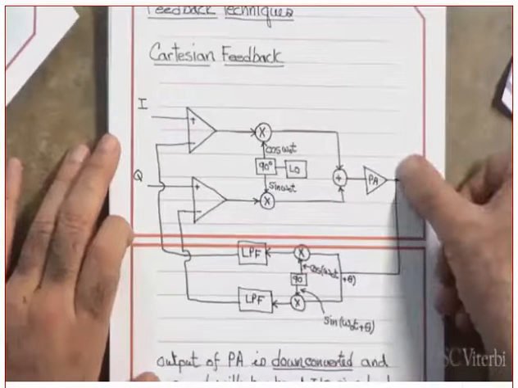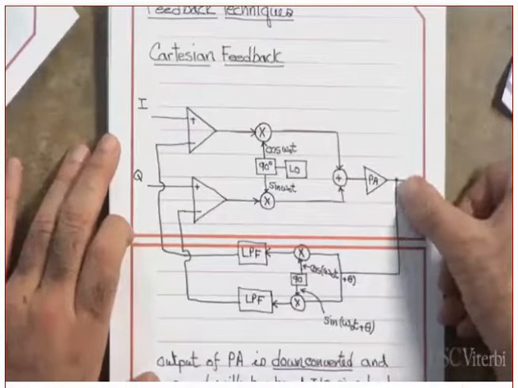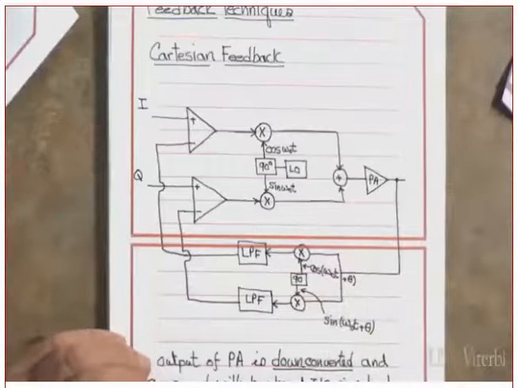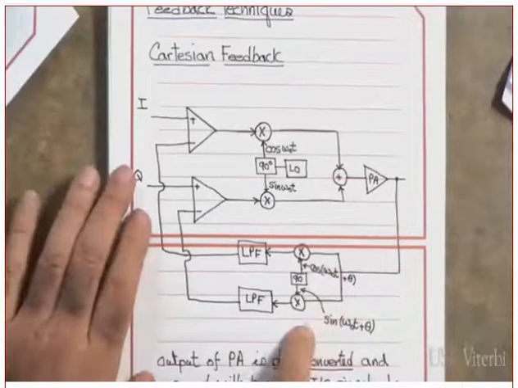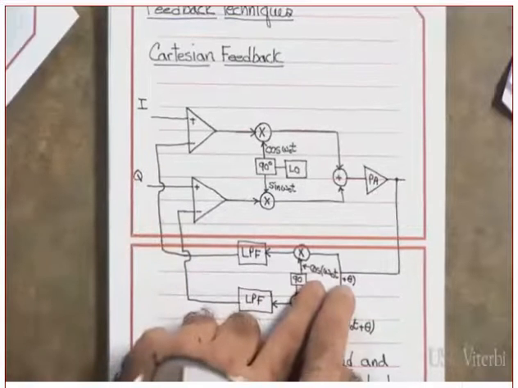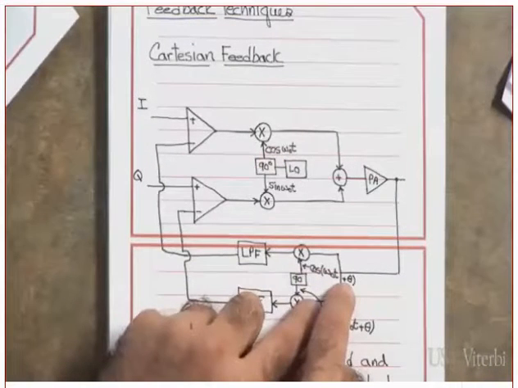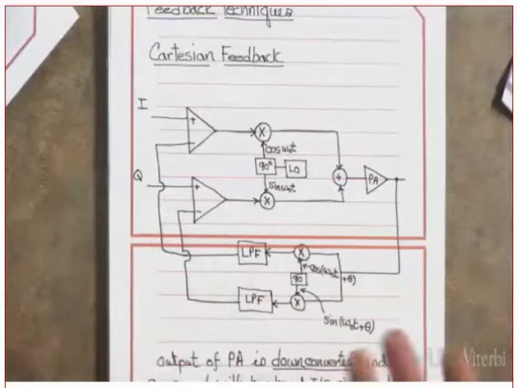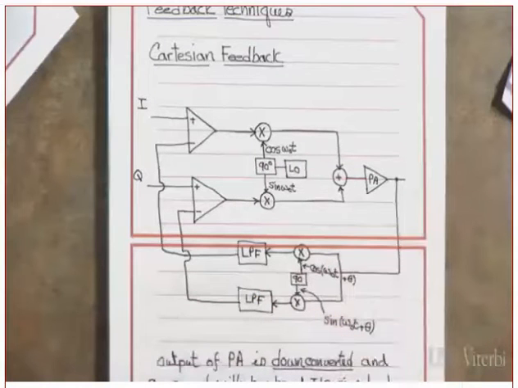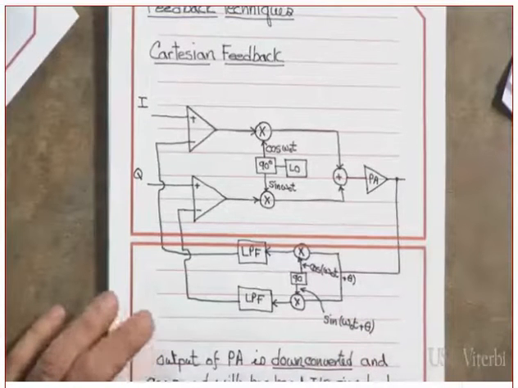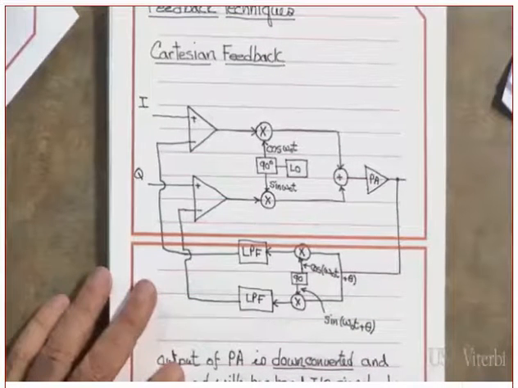I'm going to take the output from the power amplifier and demodulate it. In other words, down convert it. However, I introduce a phase shift between this one and this one, to compensate for the delay. Are you following me on that? For the delay, you need to compensate, and that will help you establish stability in your feedback loop.